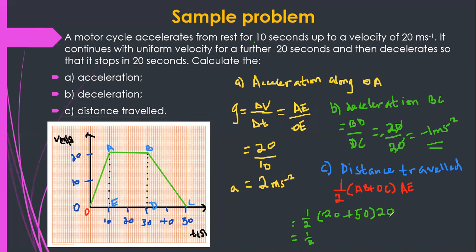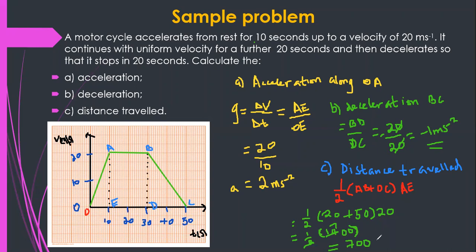What do we have? 70 times 20 is 1,400. So we cancel these two, and then we have 7, and then we have 700.